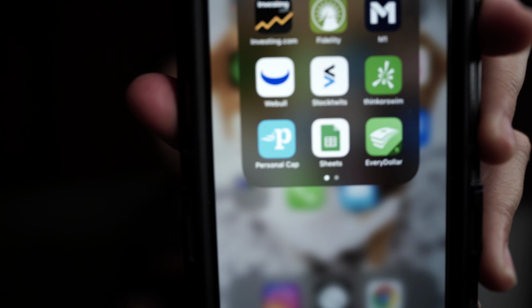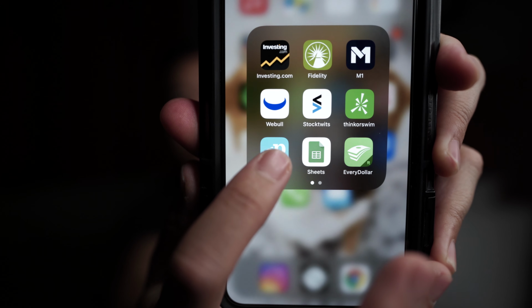And the last one that I use is my favorite, and this is the best app that I've downloaded on my phone ever since I started investing, and that is Personal Capital. Right there. Personal Capital is an app that lets me see, let's log in here, it tracks.